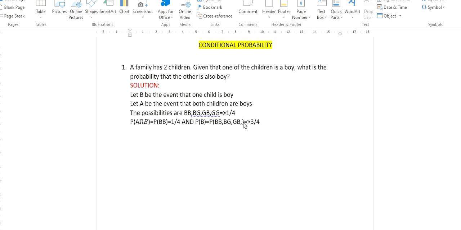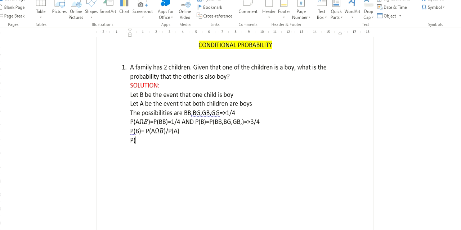Now directly we will apply the formula of conditional probability. Since these two are independent events, I'll write the same formula: probability of B given A equals probability of A intersection B divided by probability of A. Just substitute this.